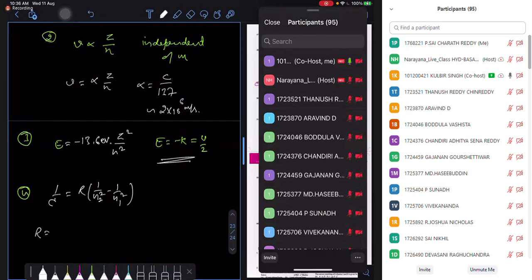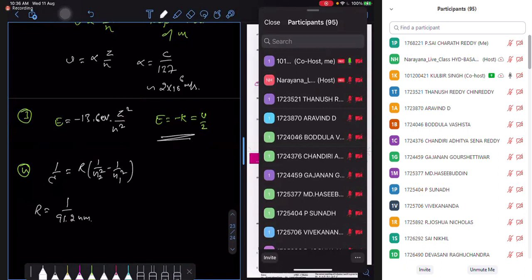nearly 91.2 nanometers. So 1 by 91.2 nanometer, inversely in terms of distance, if you remember. If you remember R as 1 by 91.2, in problem solving it is easy.